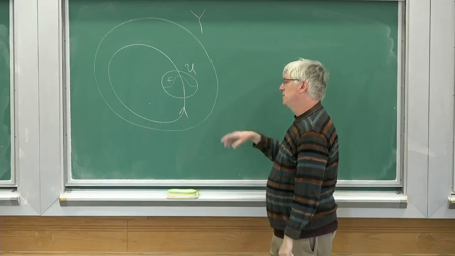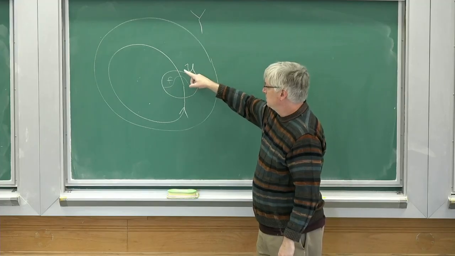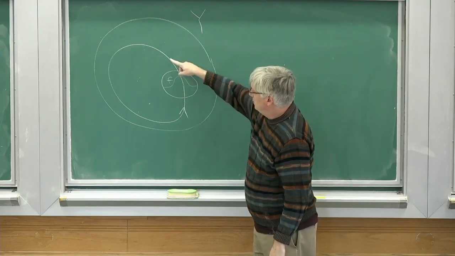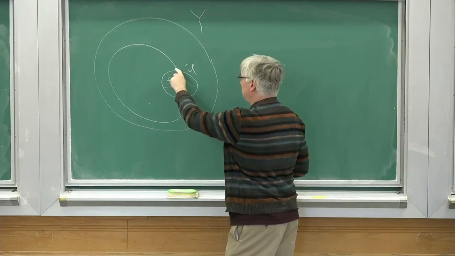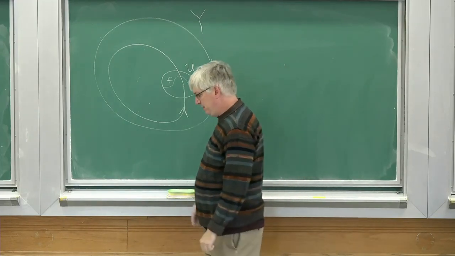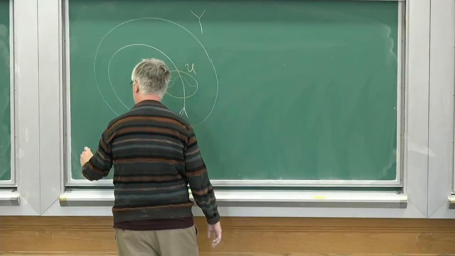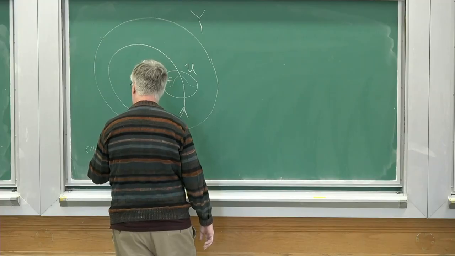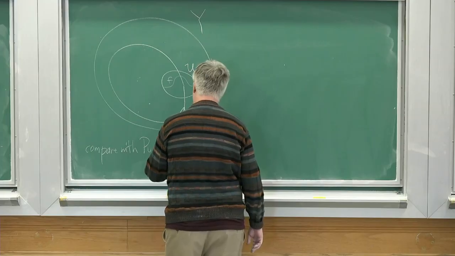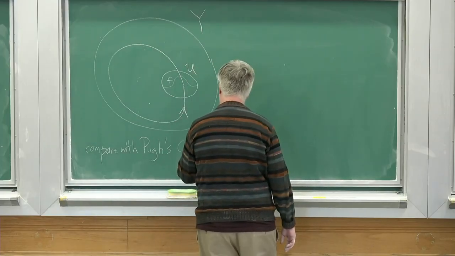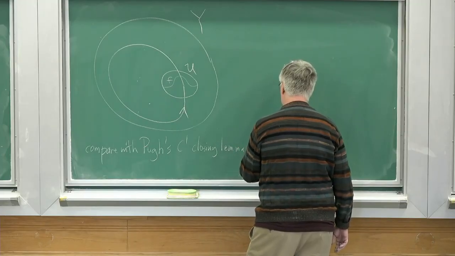What's kind of remarkable is you only have to change the contact form inside of U. It's changing what's happening inside of U. It's making a Reeb orbit appear. This is actually an amazingly strong result. You can compare with Pugh's C1 closing lemma, which is from the 60s.